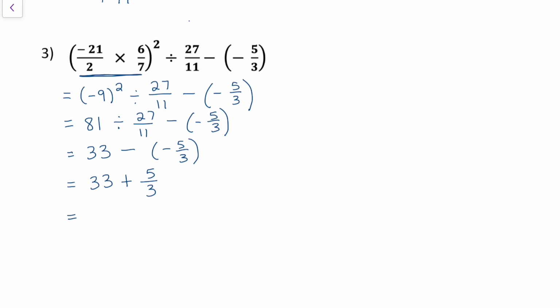And so I end up with 34 and 2/3 all together. Okay, so I did my brackets, then I did my exponents, then I did my division, and then I did my subtraction of a negative.